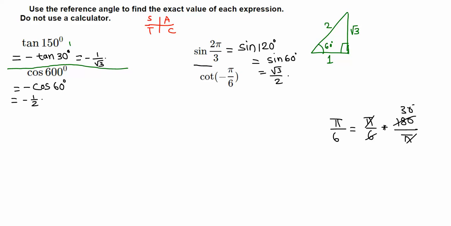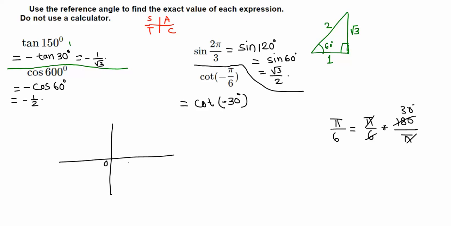So this is cotangent of negative 30 degrees. Let's draw negative 30. We're going to go clockwise because of the negative, so negative 30, a little bit here. Since this is clockwise, this is negative 30.